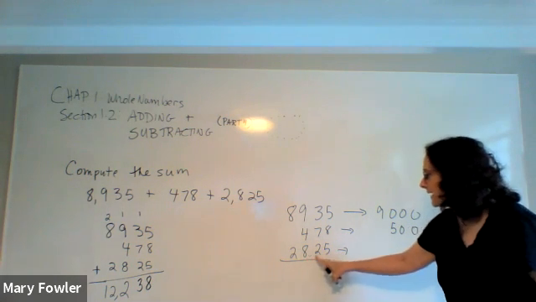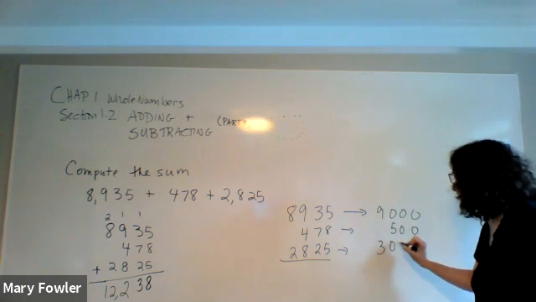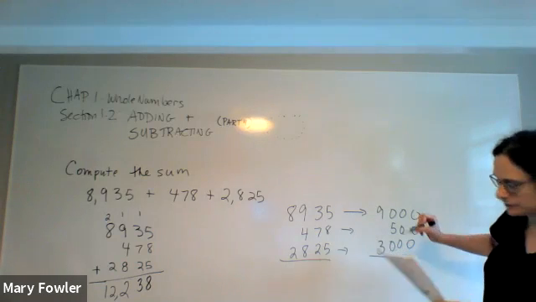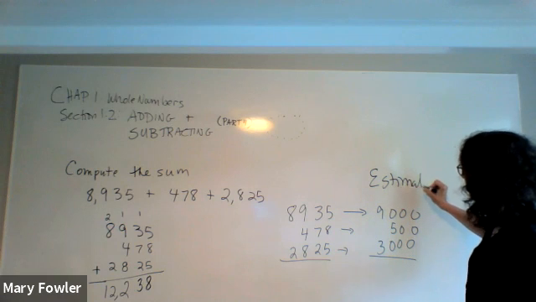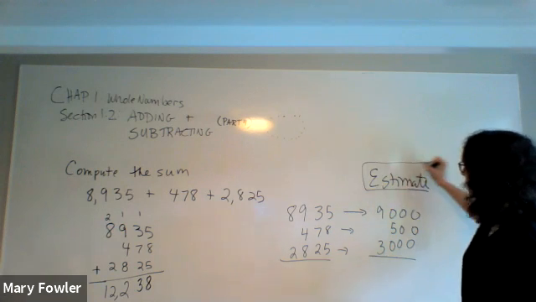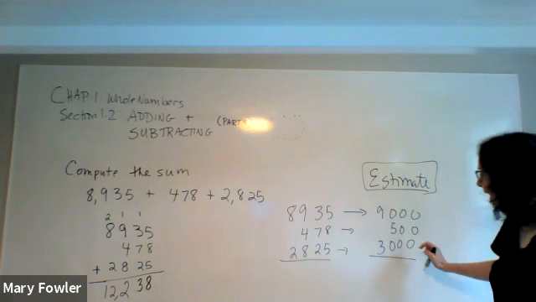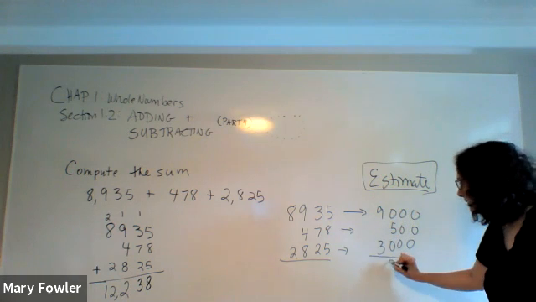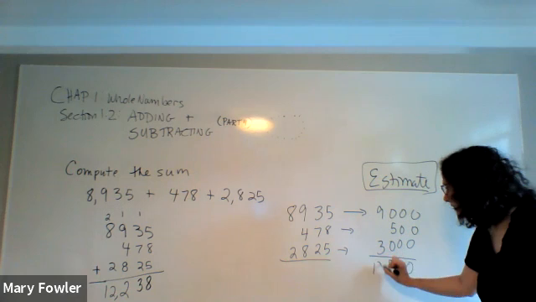And 2,825 is close to 3,000. So this is my approximation, my estimate here. I certainly don't want to consider it an exact answer, but this is the estimate. And I add these up, lots of zeros, life is easy. 9 plus 3 is 12.